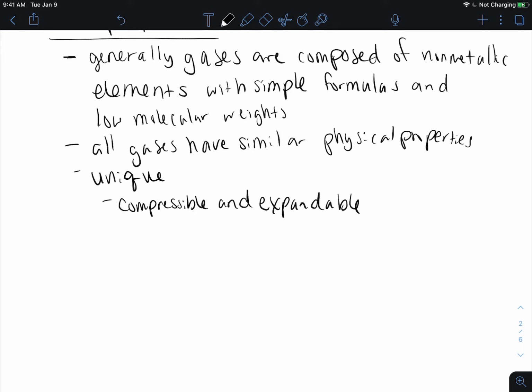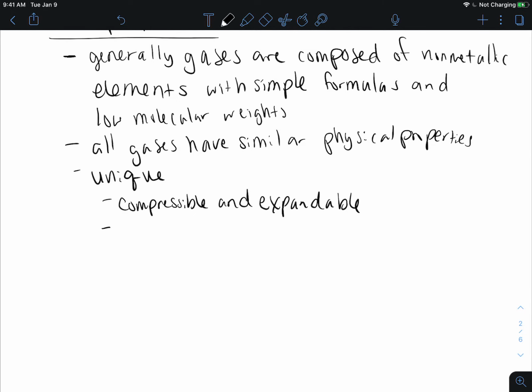If you have a gas, you can apply pressure and get those particles closer and closer together, essentially reducing the volume of that gas. And then they are expandable. They expand to fit their container. No matter what container you put them in, they will expand until they fit that container. So they have no definite shape, no definite volume.